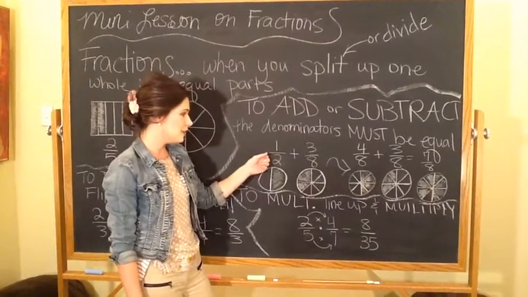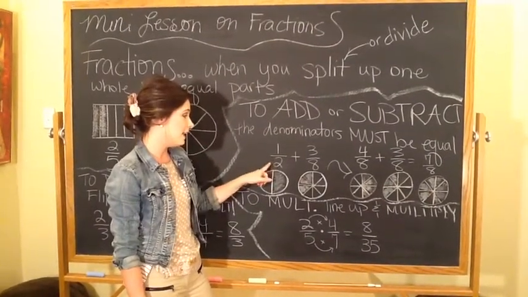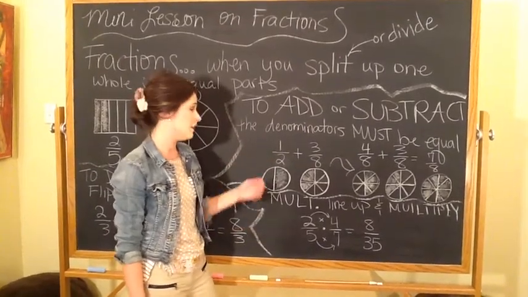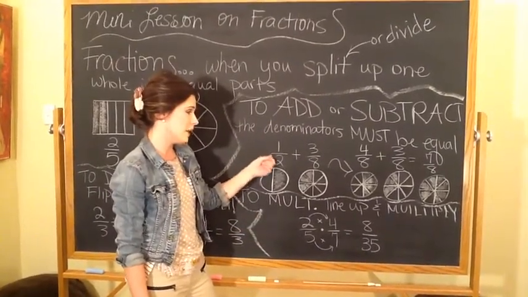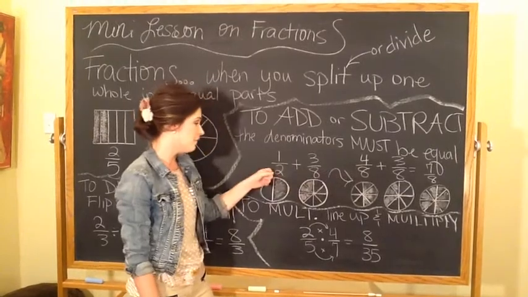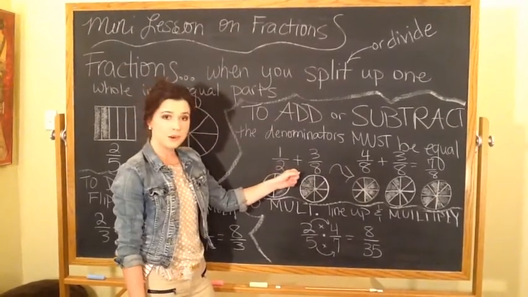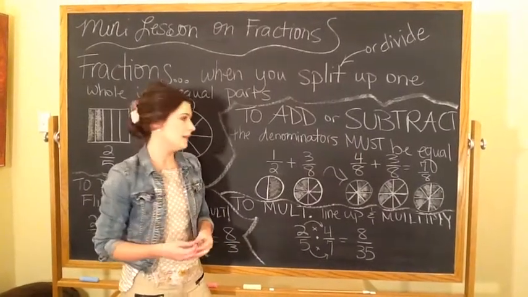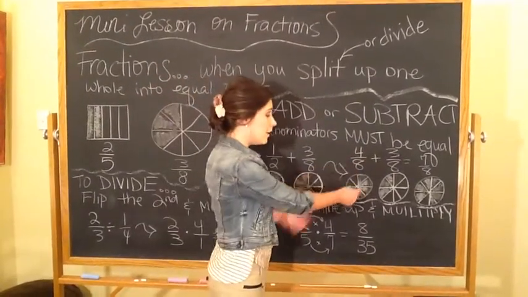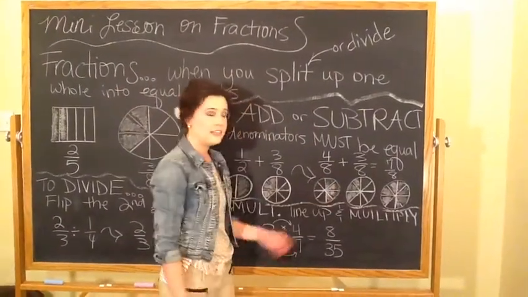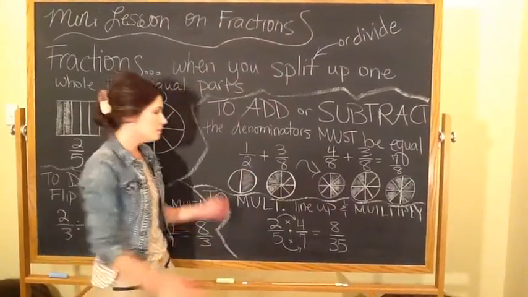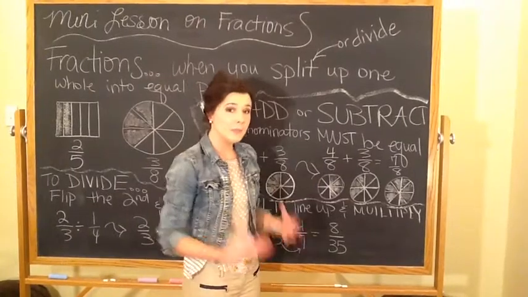In order to do this, you multiply both the bottom and the top by a number that gives you the same number at the bottom. We want 8 at the bottom, so we multiply 2 by 4, and we multiply 1 by 4 to keep our fraction balanced. If you see here, 4 out of the 8 shaded is the same amount as 1 out of the 2 shaded, because both are talking about 1/2 of a pizza.